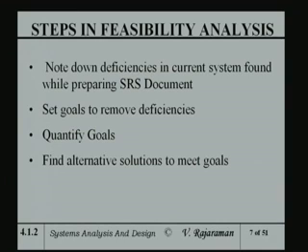As I pointed out, quantification means some numbers have to be there. It can't be just saying do a better job, or decrease the cost, but I have to say decrease the cost by how much.